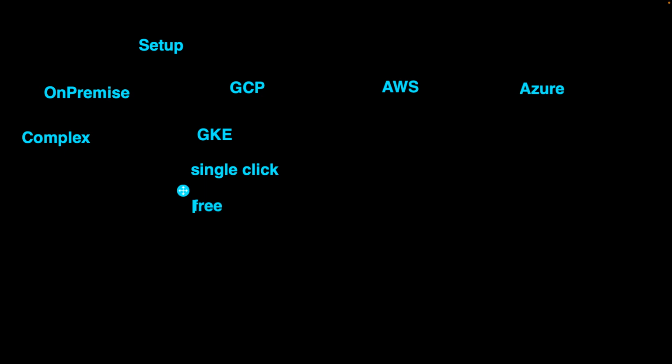GCP provides this for free because Kubernetes was initially a product of Google. It is from Google, but now it's managed by the CNCF, Cloud Native Computing Foundation. So Google offers this service pre-packaged with a single click. You can create production-grade clusters and it is free. That's another way to set up your cluster.